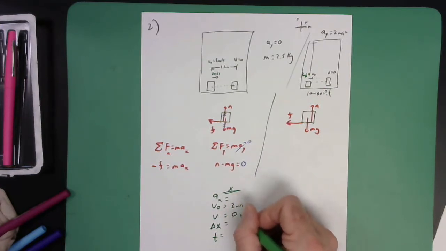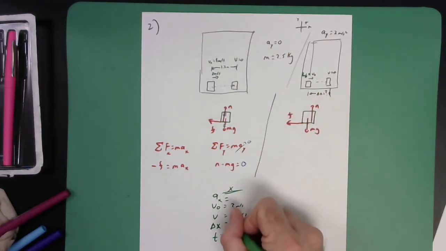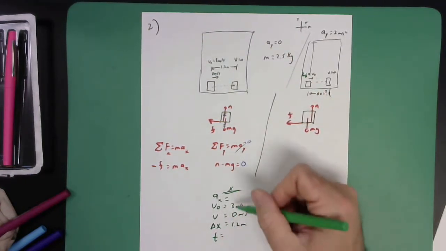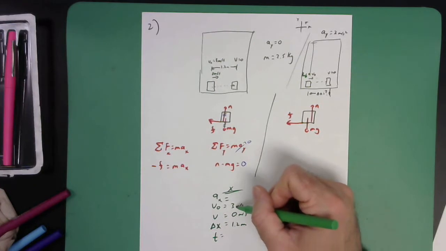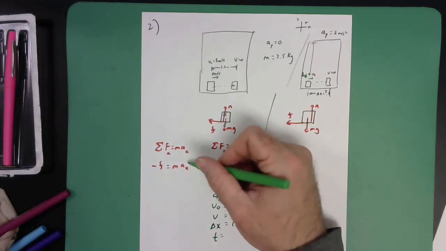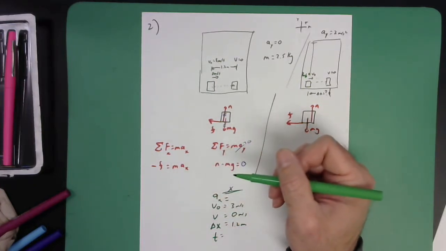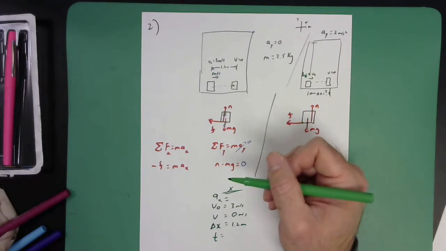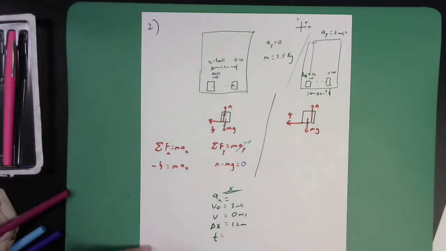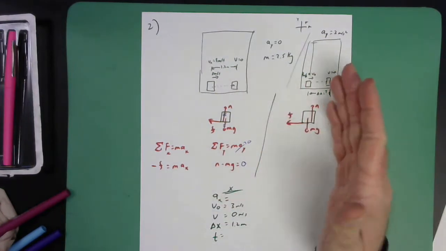My final velocity is 0. Displacement for this first problem is 1.2 meters. Now this is going to be enough information that I could solve for the acceleration that I could then plug in here, if I wanted to. I feel like I'm not explaining this as clearly as I could, but I think you're good with this.